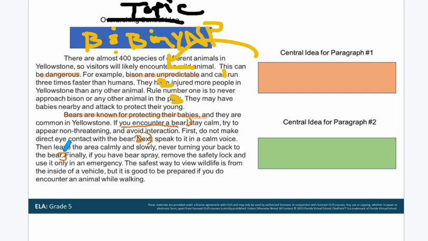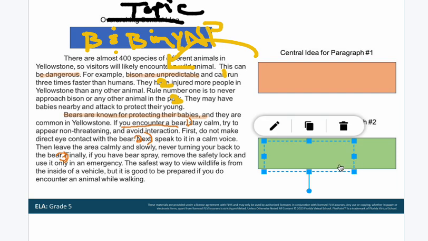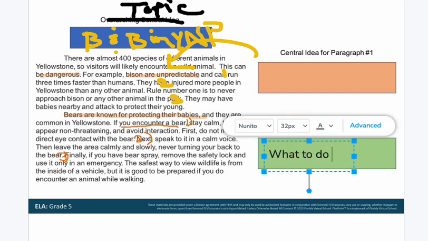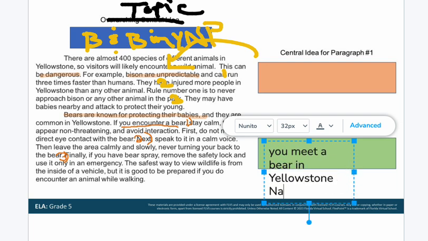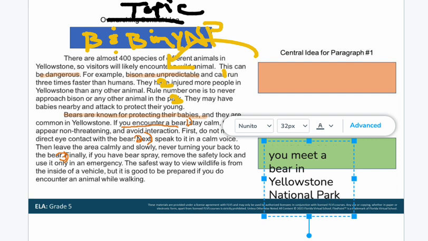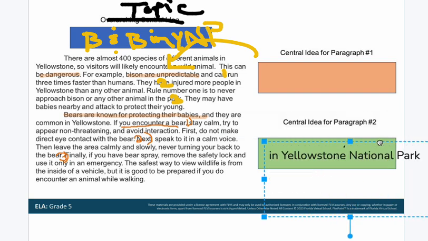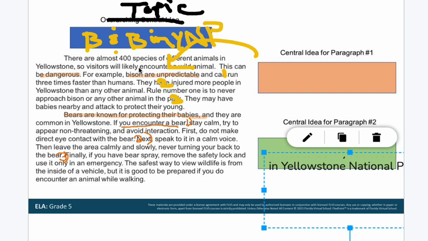Finally, carry bear spray. So this is about, again, what to do if you meet a bear in Yellowstone National Park. All right, we said over here that this one was that bison can be unpredictable.